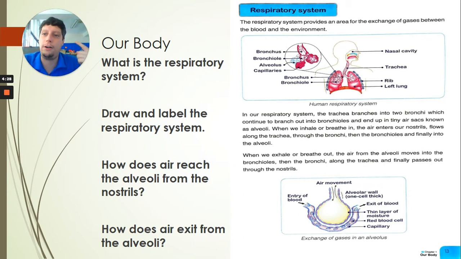And then when we breathe out, it goes the opposite. It goes from the alveoli into the bronchi, up through the trachea, and finally out through the nostrils. Okay, so that is how we breathe in and breathe out. That is where the air that we breathe in goes to, and when we breathe out, that's how it makes its way back out.